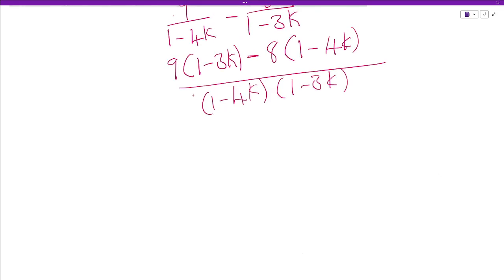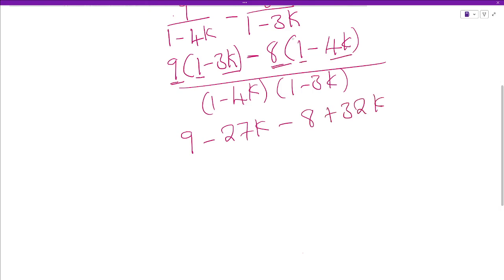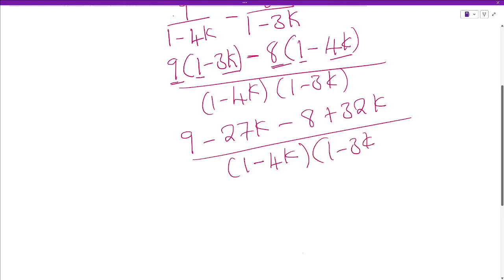Okay, so we start expanding. 9 times 1, 9. 9 times negative 3k, negative 27k. Okay, negative 8 times 1, negative 8. Negative 8 times negative 4, that should be positive 32. Okay, then everything over the same denominators: 1 minus 4k, close, open, 1 minus 3k.